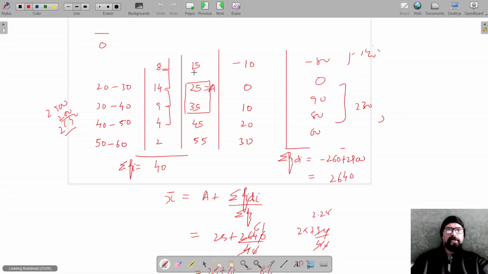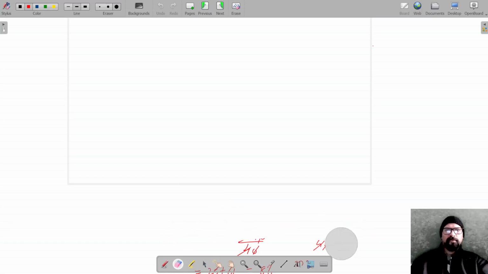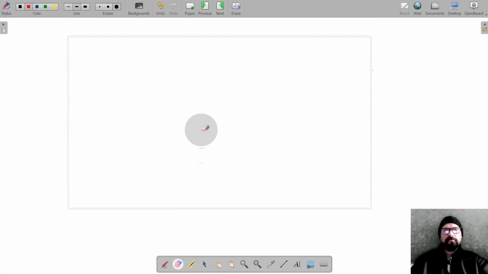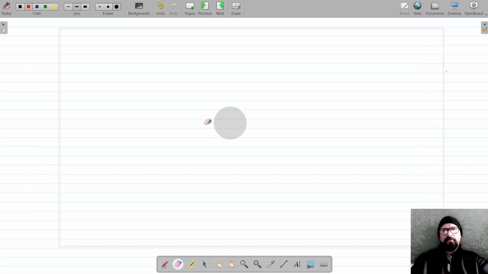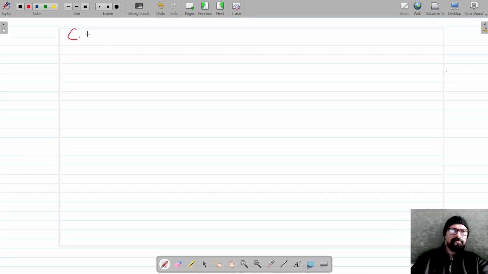Okay, and for that, let me get this data in tabular form. So the class intervals are given, that are 0 to 10, up to 50 to 60. So our first column will be the class interval.